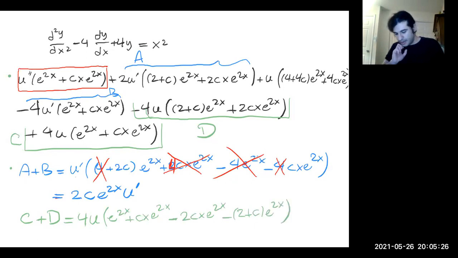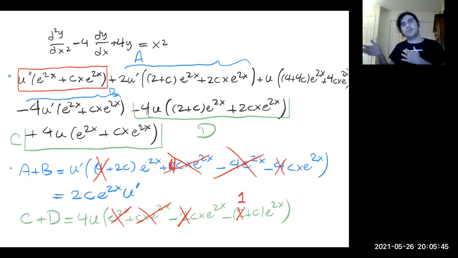Right. Now let's see what happens here. Well, this term would cancel this coefficient here, and e to the 2x cancels this one and makes it 1. It was -2, it becomes 1.